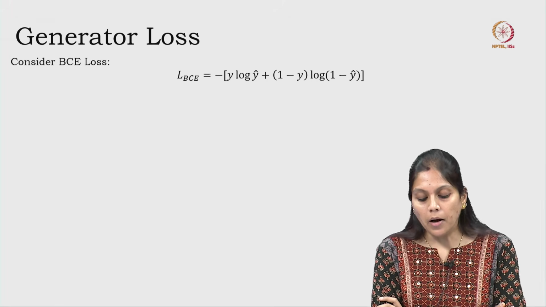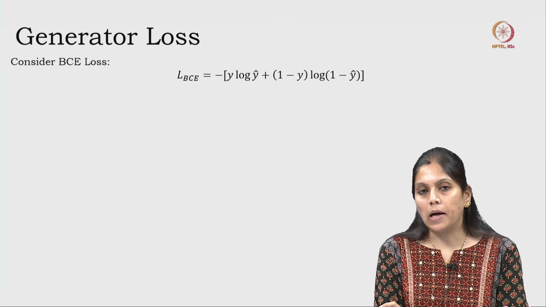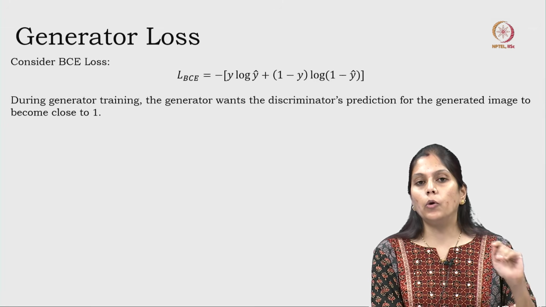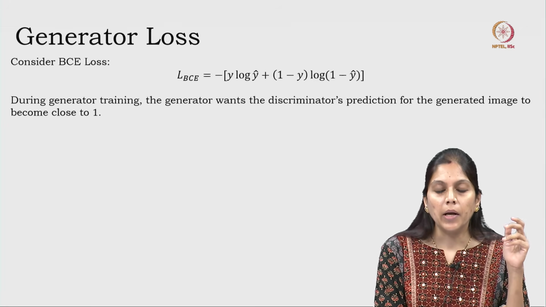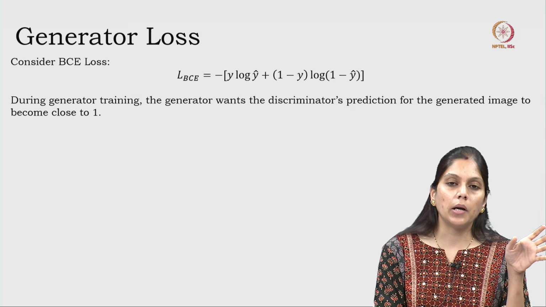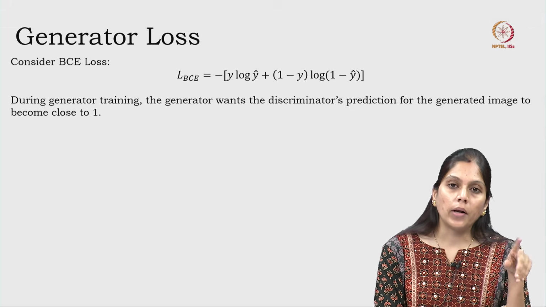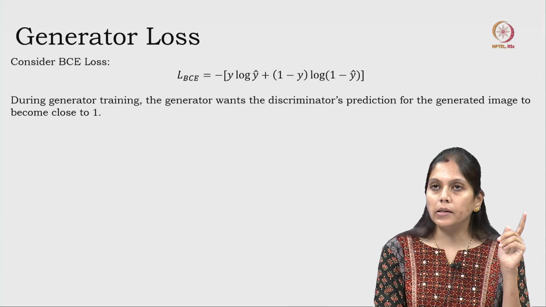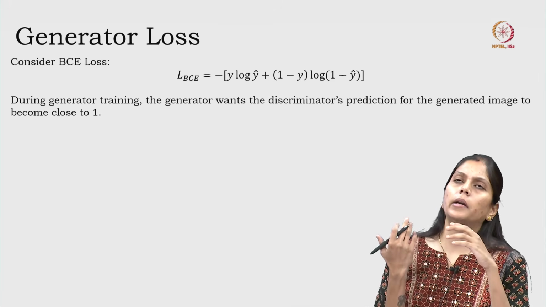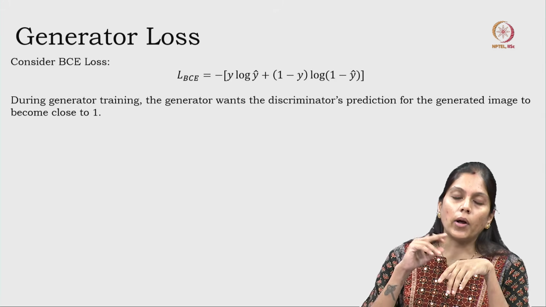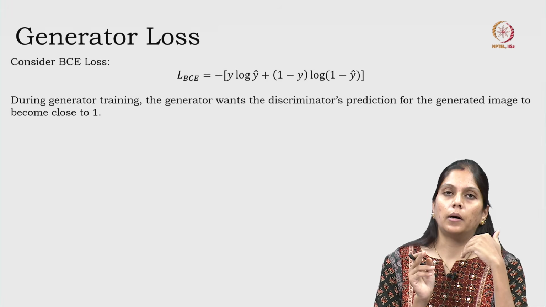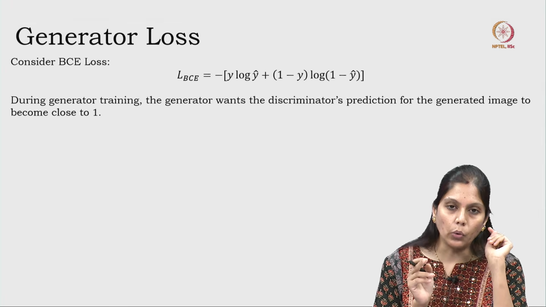Now, what is our ultimate aim? During generator training, the generator wants the discriminator's prediction for the generated image to become closer to 1. This means that for whatever images the generator has generated, when you pass them to the discriminator, the prediction should be closer to 1.